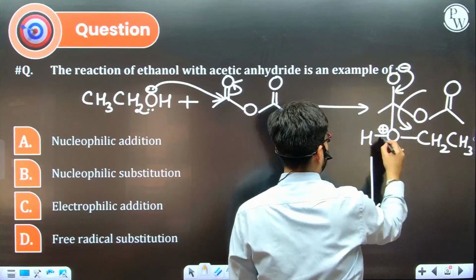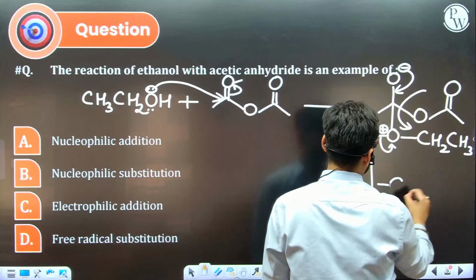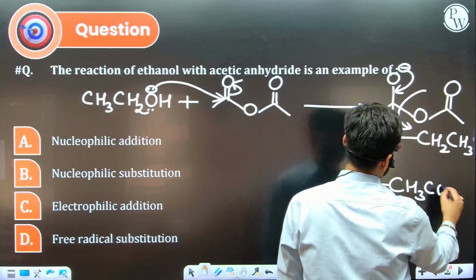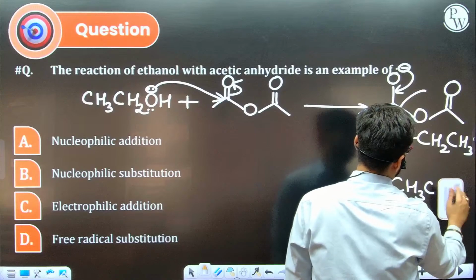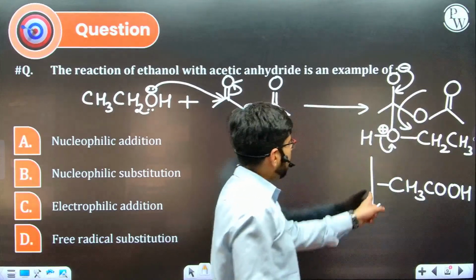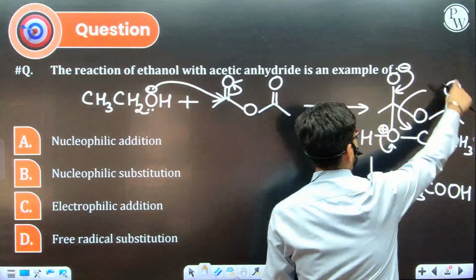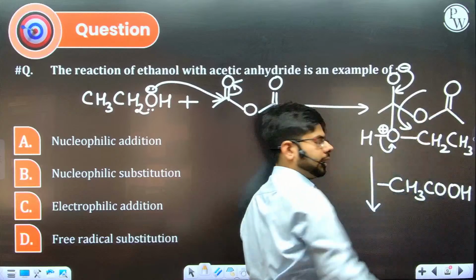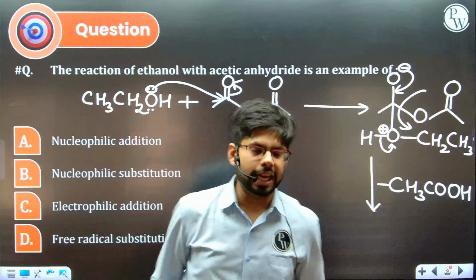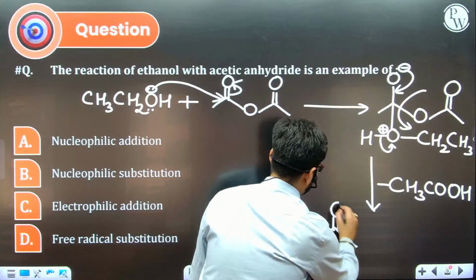Also this O will get rid of plus charge, H plus will go out, and so I can say CH3COOH has gone out. That means H plus from here and CH3COO minus from this. So CH3COOH has got eliminated, and now we have obtained this, right?